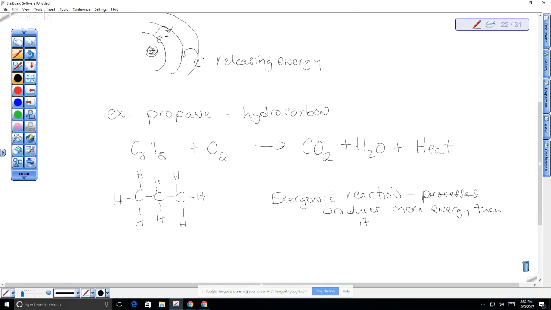So the energy in those covalent bonds, the electrons move, and that causes heat to be released. Okay. The opposite of exergonic is endergonic, and this requires more energy than it produces.